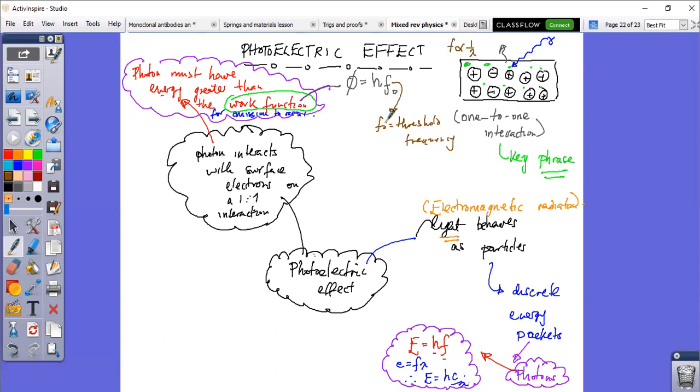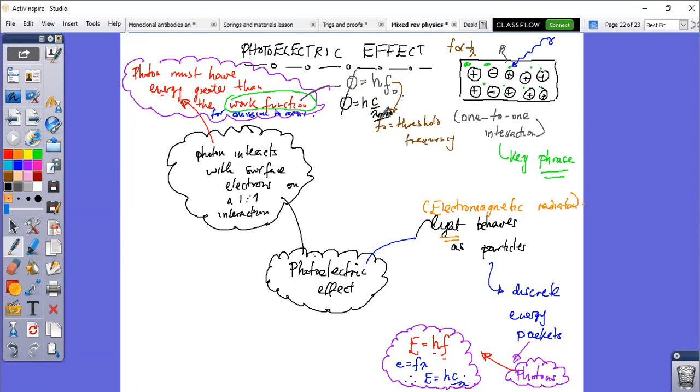So the threshold frequency is the minimum frequency at which emission occurs, but you can also say that phi equals hc over lambda max, where that's the maximum wavelength needed to lead to emission of electrons. So it's worth knowing that this is a minimum frequency, but it can be arranged to a maximum.